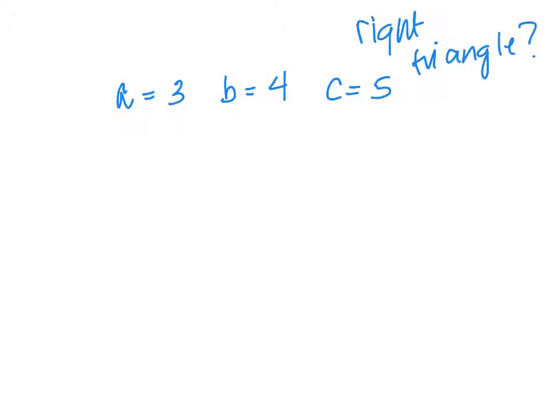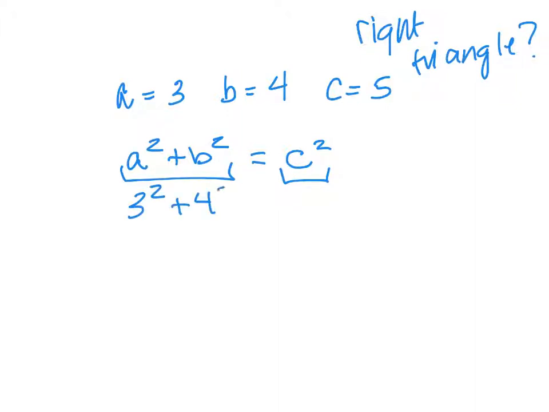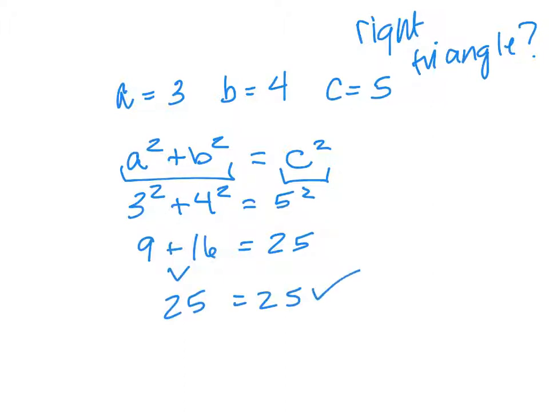So the point of the whole Pythagorean theorem is to see if A squared plus B squared is equal to C squared, if we get the same number. So say I take 3 squared and I add 4 squared. And it should equal 5 squared. So 3 squared, which would be 9, plus 16, does it equal 25? Well, yes, it does. So in that case, my answer would be yes, that is a right triangle.